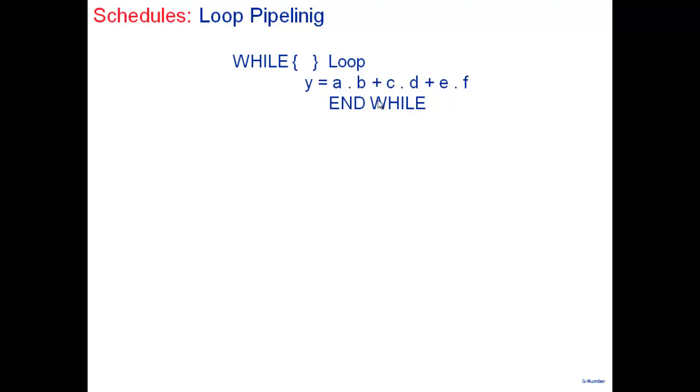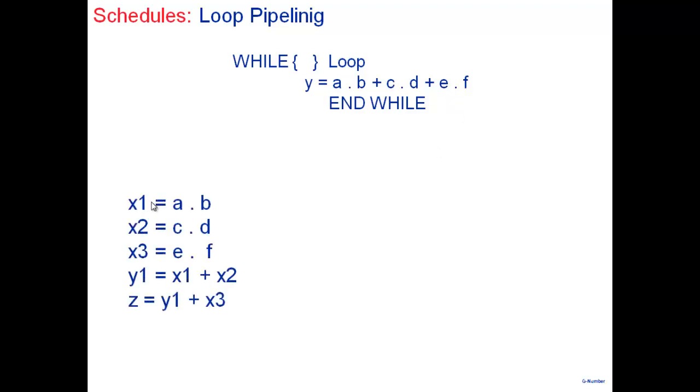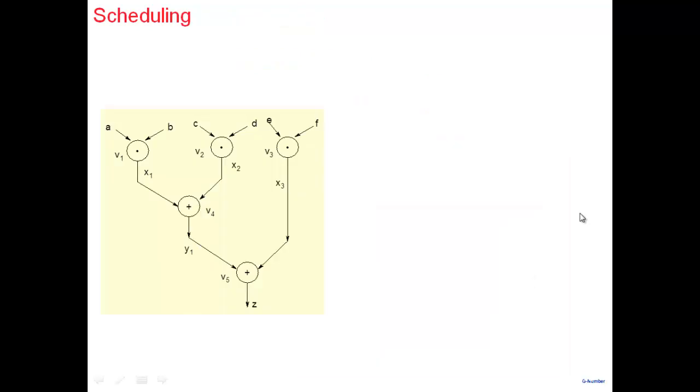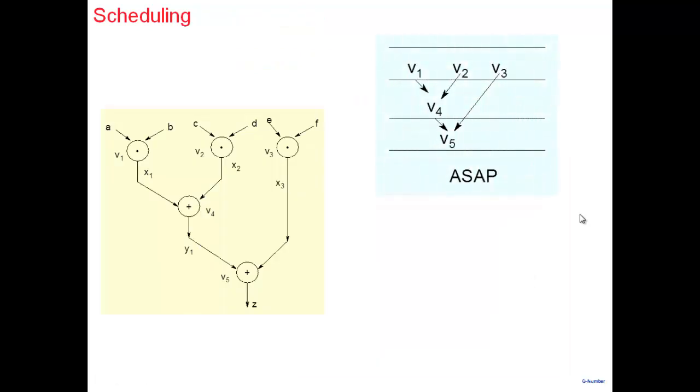Okay, so let's look at this addition operation again: A dot B, C dot D, E dot F. We break it up into individual assignment statements. We construct a data flow graph. We take the data flow graph and do as soon as possible scheduling.